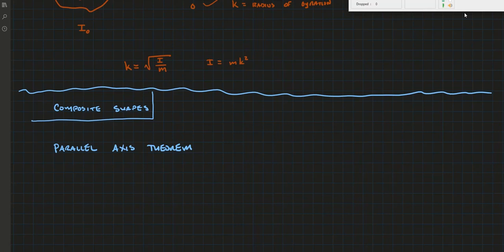So let's talk about composite shapes and ways to find the mass moment of inertia of composite shapes. First, let's mention the parallel axis theorem.